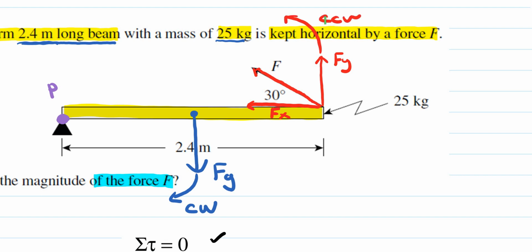And what we're trying to say here is that this counterclockwise direction and this clockwise direction are canceling each other out so that the beam can be kept in that position. And that's what we mean by rotational equilibrium. So what we're trying to say is that the torques sum to 0, therefore the clockwise torque and the counterclockwise torque are going to be equal, thus creating the rotational equilibrium, and that will keep the horizontal beam in this current position here.